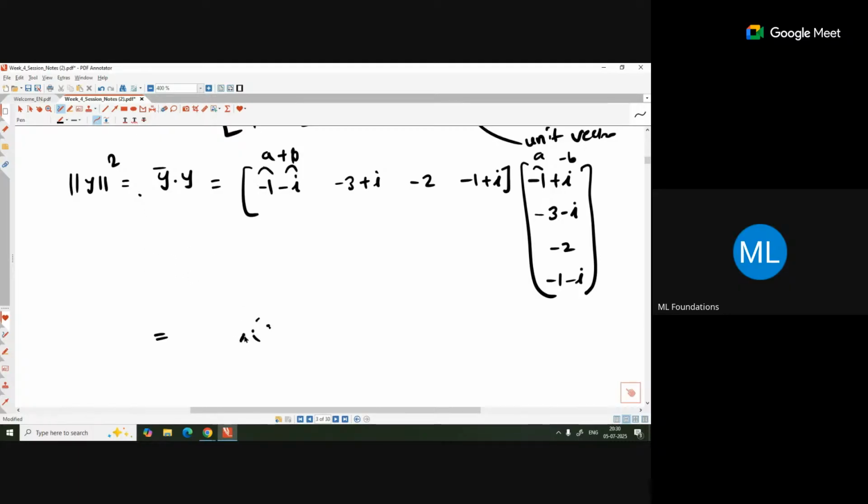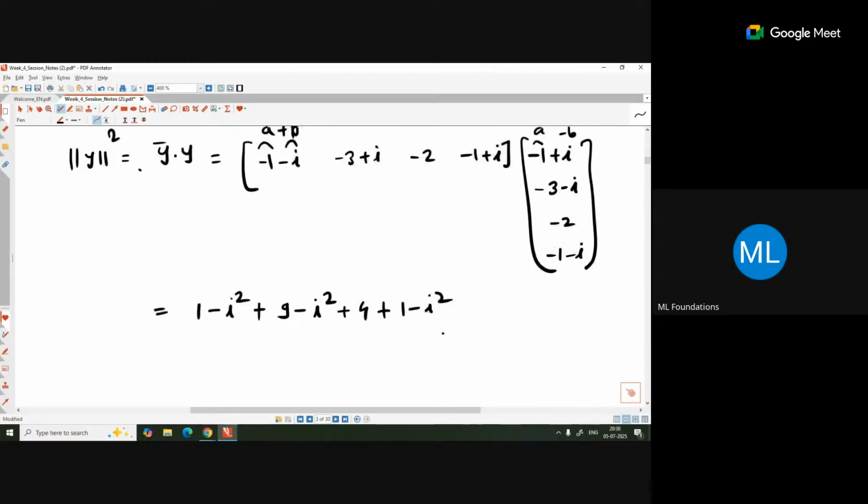So this will be a square is 1 minus b square, plus a square is 9 minus i square, plus 4, plus 1 i square.